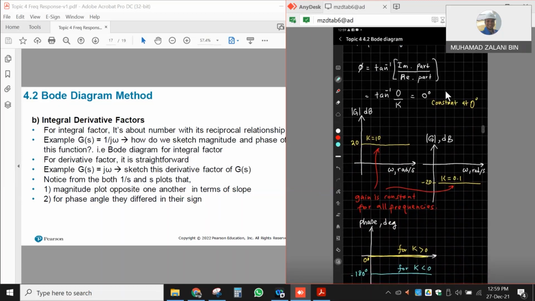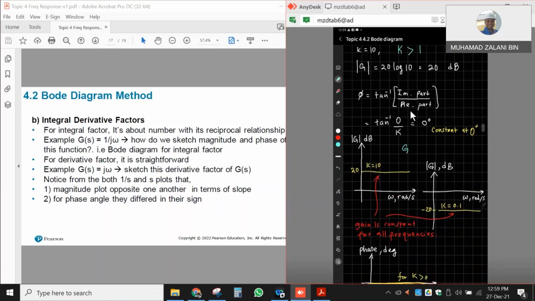The phase angle phi can be calculated by using arctangent of the imaginary part of the transfer function divided by the real part of the transfer function. In this case, we have g of s equals k, meaning that we only have the real part, plus 0j. So the imaginary part is 0, meaning arctangent of 0 divided by k.